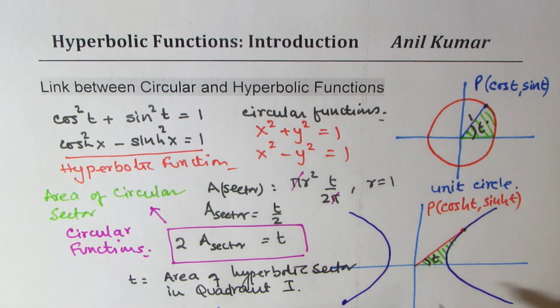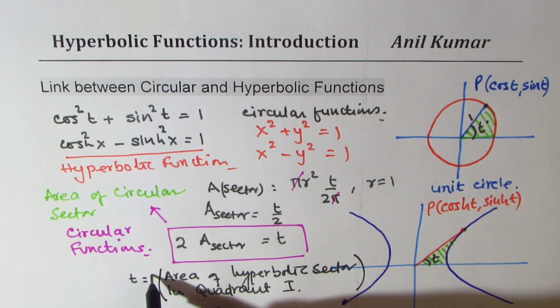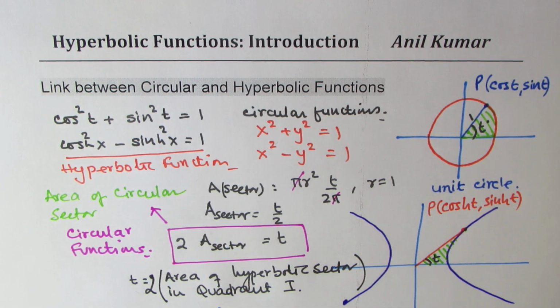So we should say times 2. So twice the area, just as this formula, correct? So that is another relation which is similar between hyperbolic functions and trigonometric or circular functions.